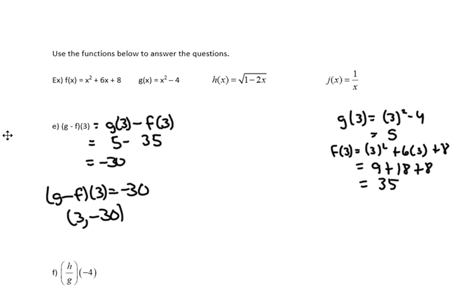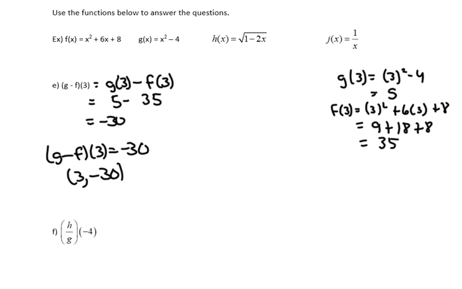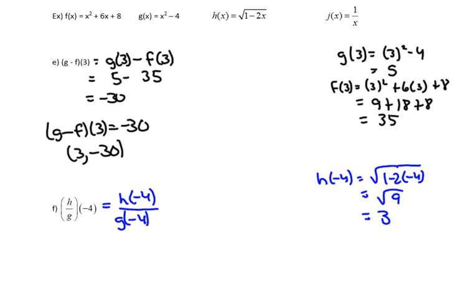Okay, let's skip down to part f then. I want to do h divided by g of negative 4. I'm going to rewrite this. That is h of negative 4 divided by g of negative 4. Let's do h of negative 4 on the side. Plugging in, negative 2 times negative 4 is 8. 1 plus 8, that's 9. And the square root of 9 is 3. Okay, scroll down a little bit, so I have a little bit of room for g of negative 4.